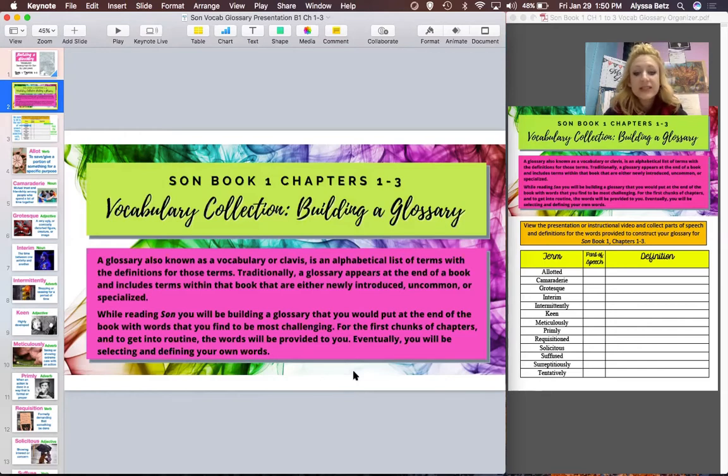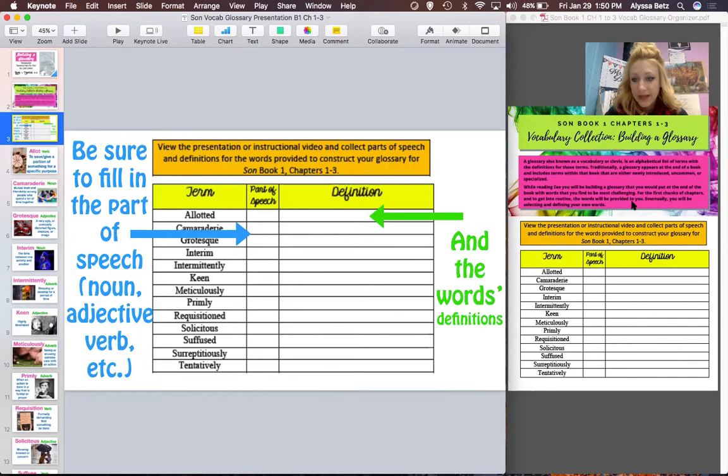For the first chunks of chapters, to get into a routine, the words will be provided to you. Eventually, you will be selecting and defining your own words for your glossary for a chunk of chapters a week. Just taking a look at this graphic organizer, as we go over our words and parts of speech, you're filling this in today.